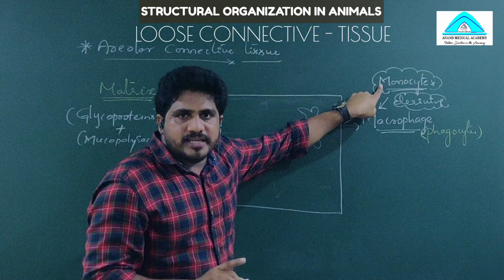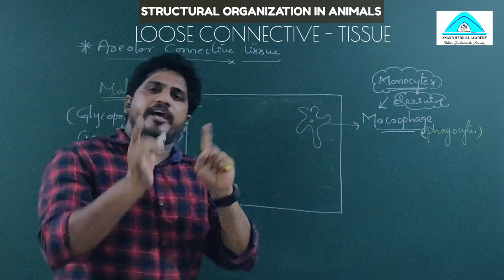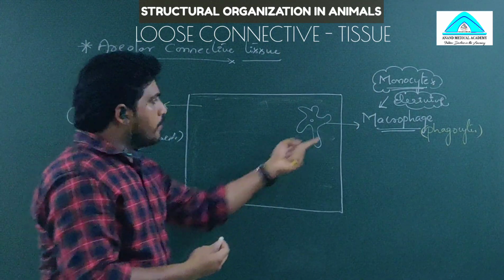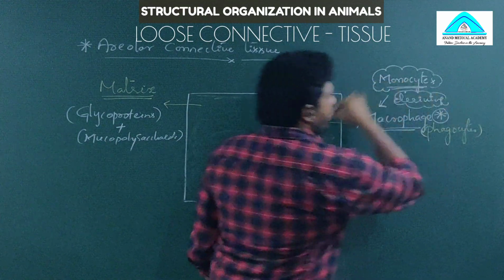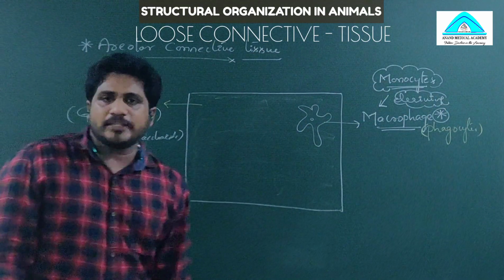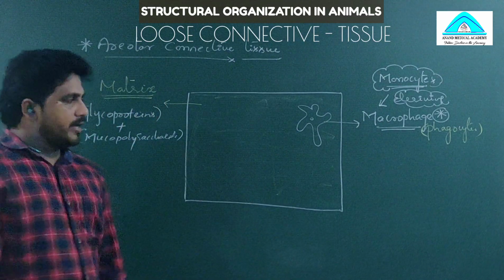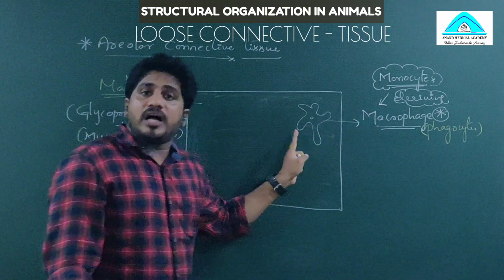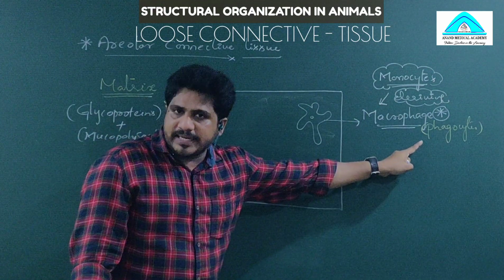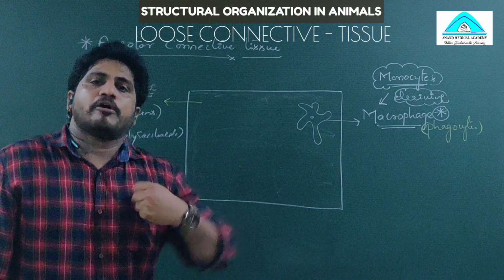In blood monocytes are present, but the same monocytes in areolar connective tissue are derived into macrophages. They are also called the micro policemen of our body. They protect from pathogens. That is their work. I repeat, macrophages have pseudopodium-like structures. They look like amoeba. They are simply called phagocytic cells because they perform phagocytosis.